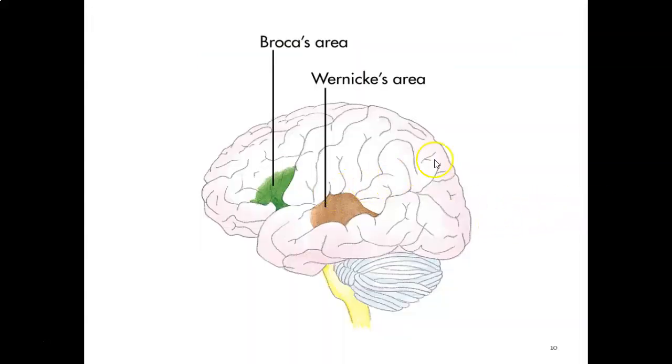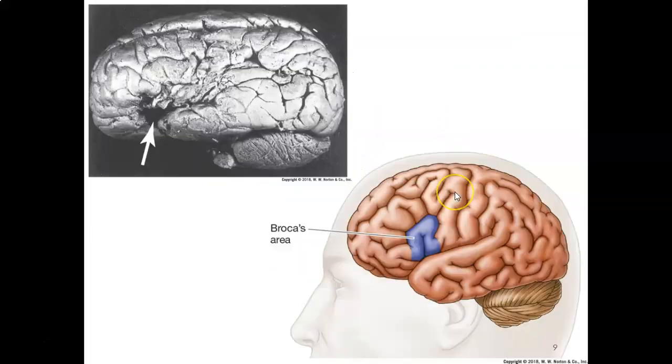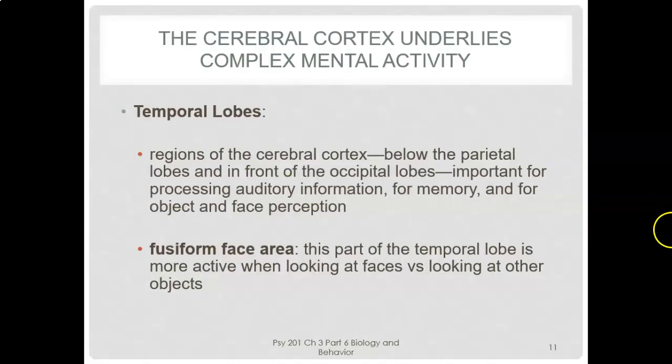So we have parietal right here, we have occipital right here. It is important for processing auditory information, for memory, but also for your ability to recognize objects and to perceive faces.